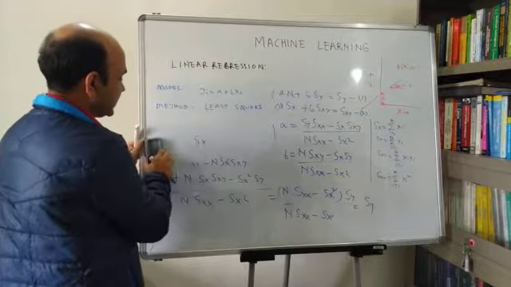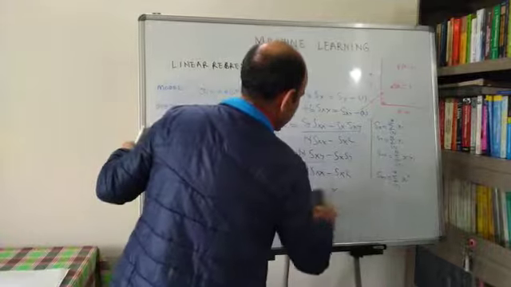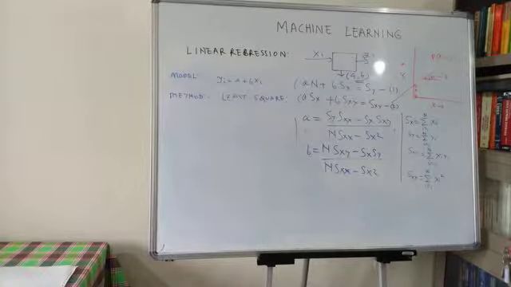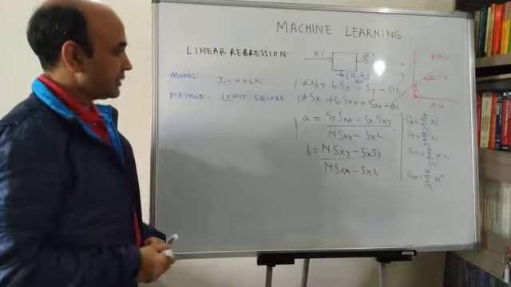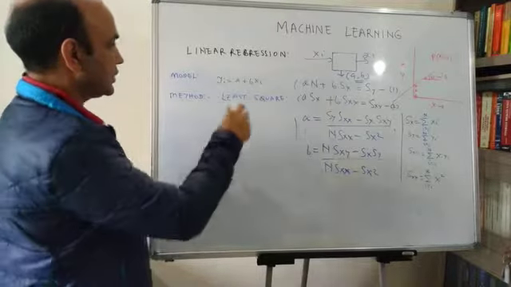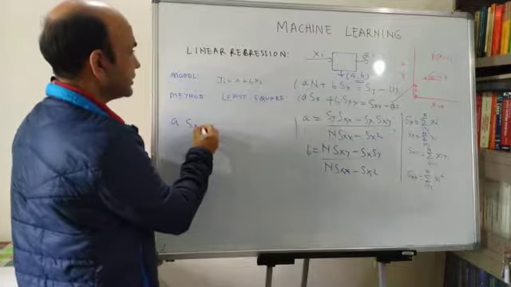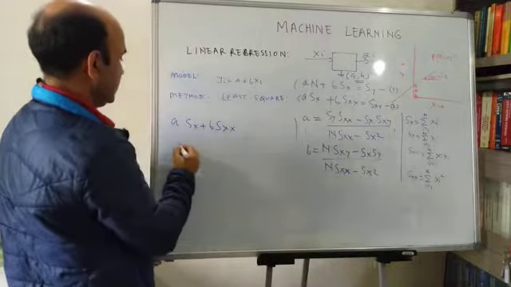Now we can quickly check equation number 2 also, and I hope that will hold. Let us see if the values of a and b satisfy equation number 2 as well. Equation 2 is a·sx + b·sxx.